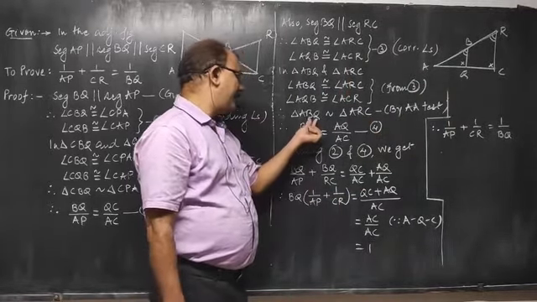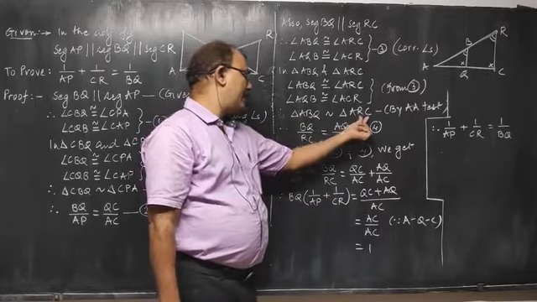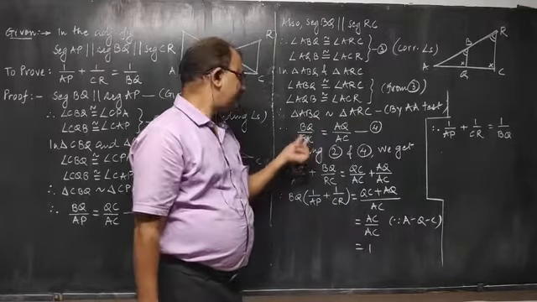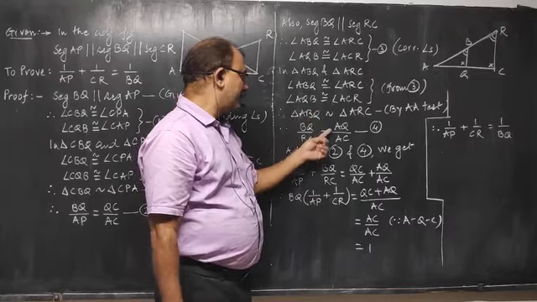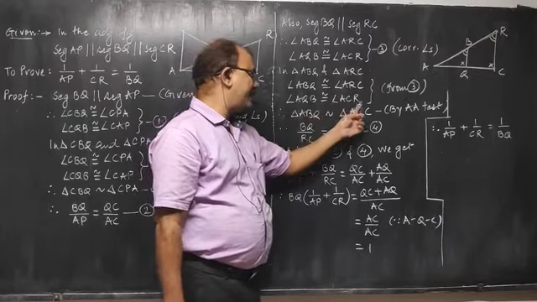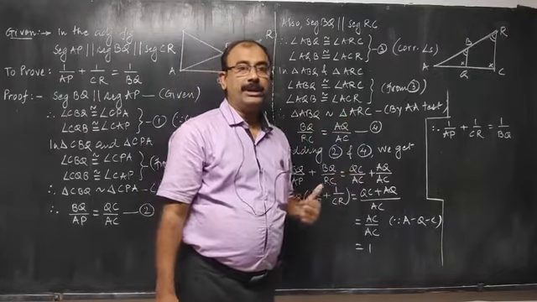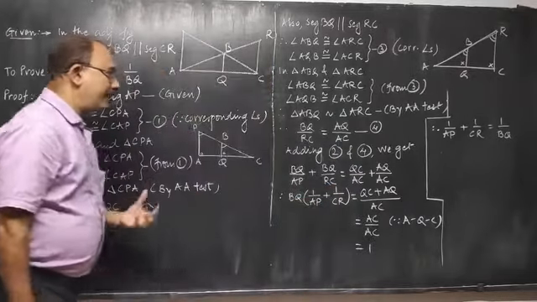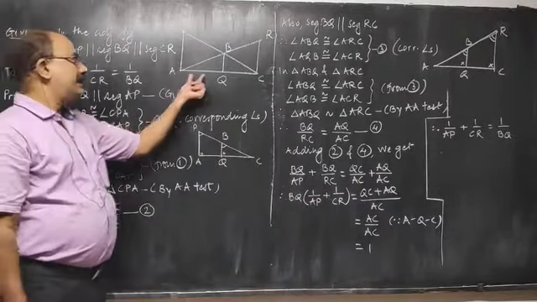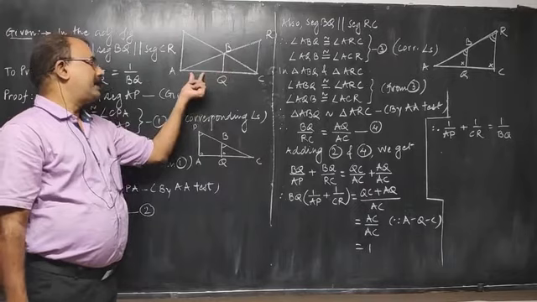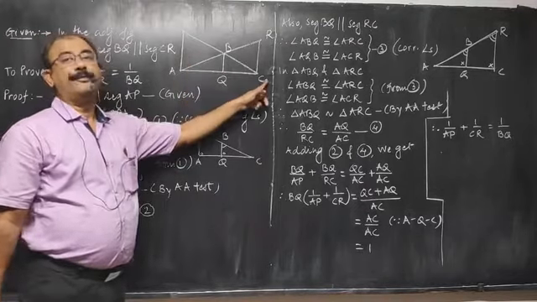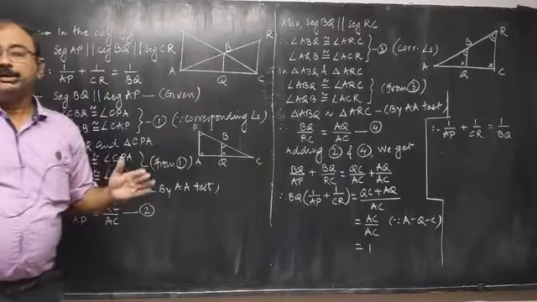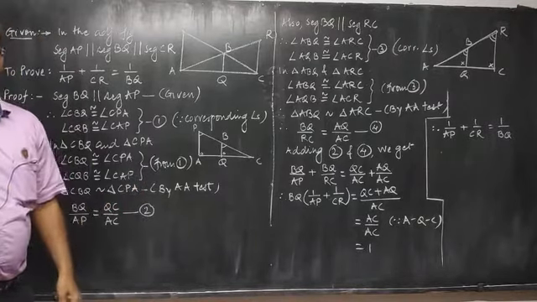And therefore you will find BQ upon RC is equal to AQ upon AC. If I take AQ this side, I have to take AC this side. So see, we are using these segments, segment number 1, segment number 2 and segment full length, that is AC, for the linking of the ratios.